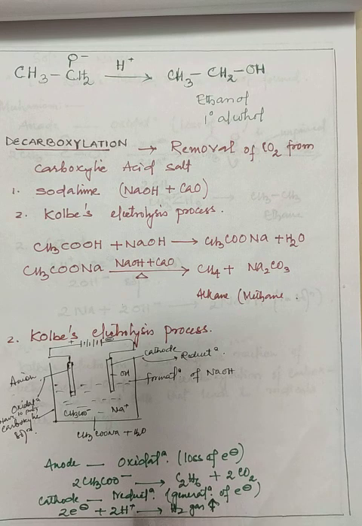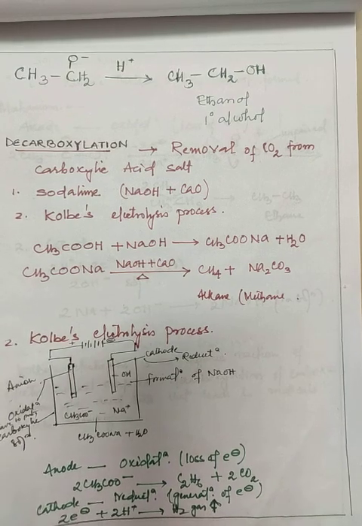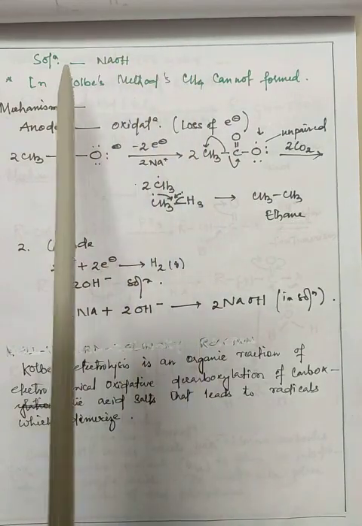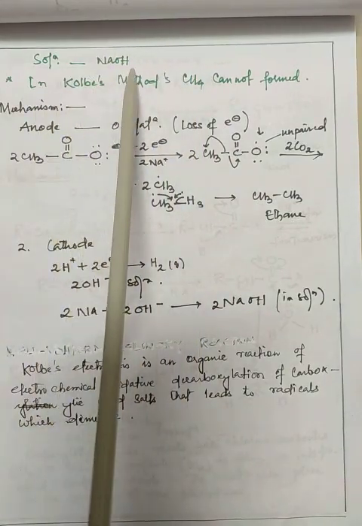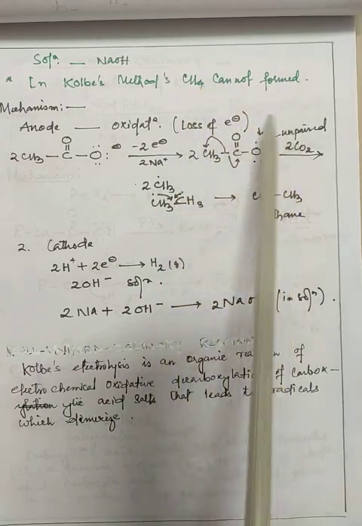Those two electrons have to react with two hydrogen, forming hydrogen gas. Then the other is the solution, that means the solution is sodium hydroxide. So in the Kolbe method, methane cannot be formed.